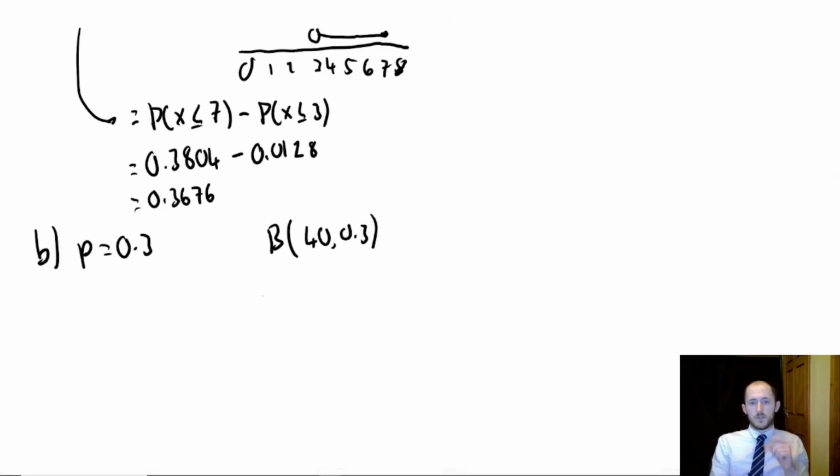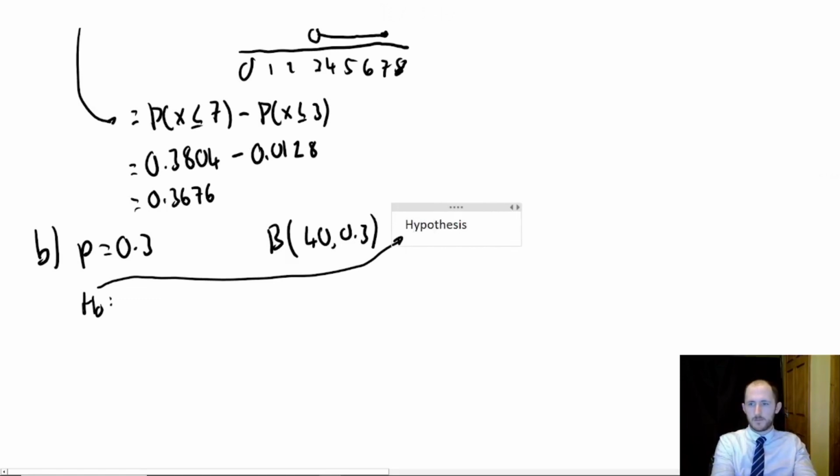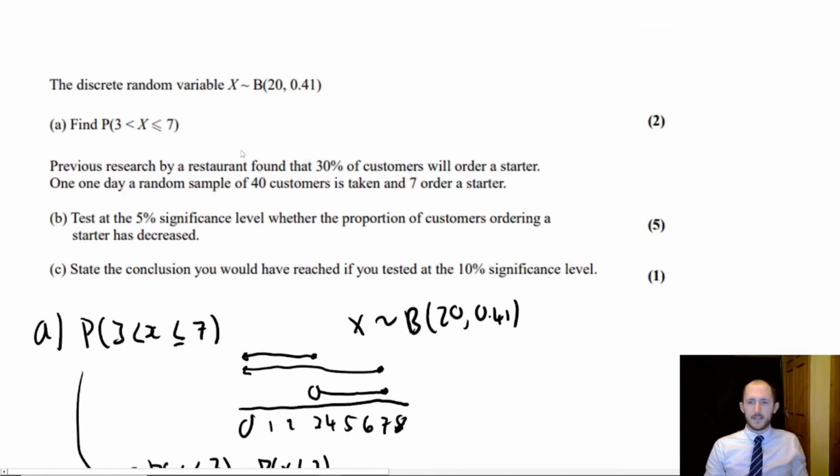Here's how hypothesis testing works. The first thing you do is state your null hypothesis. So, null hypothesis, what is it? It is the hypothesis that is established to be true. In this case, the probability is 30%, and that's established from previous research.